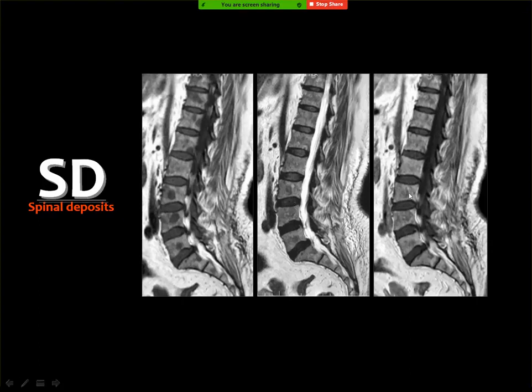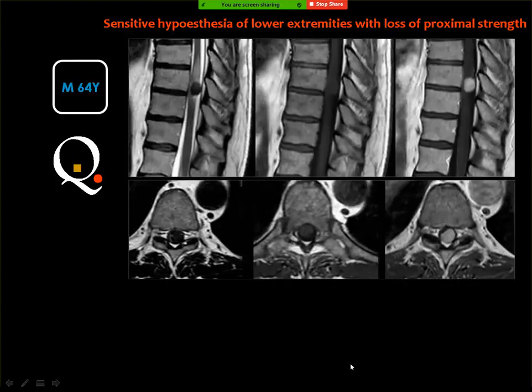If you inject contrast material, metastasis will enhance and the background of bone marrow fat is bright, then you will lose most of the metastatic lesions. Then you do not need to inject contrast material and to add more cost for the patient, especially in cases of metastatic lesions. Then what do you think of this?